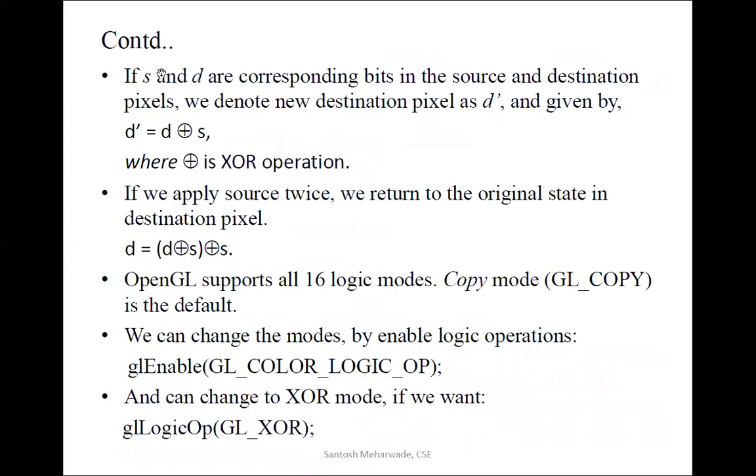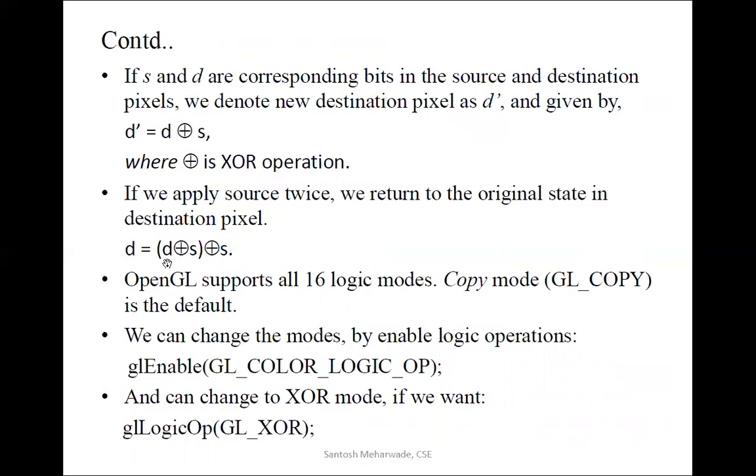If you see the example here, if S and D are corresponding bits for the source and destination pixels respectively, and we denote the new destination pixel as D dash, then D dash equals D XOR S. If we apply the source twice, we return to the original state in the destination pixels.